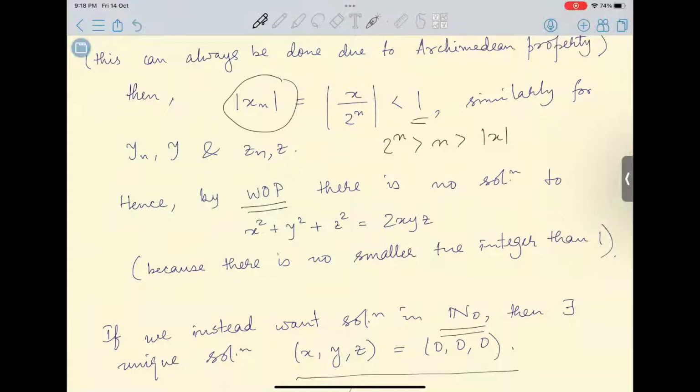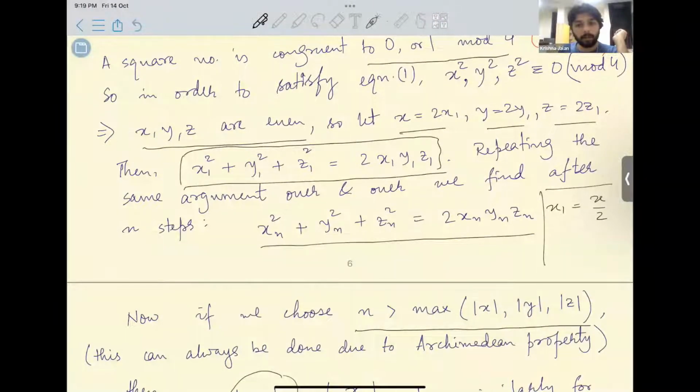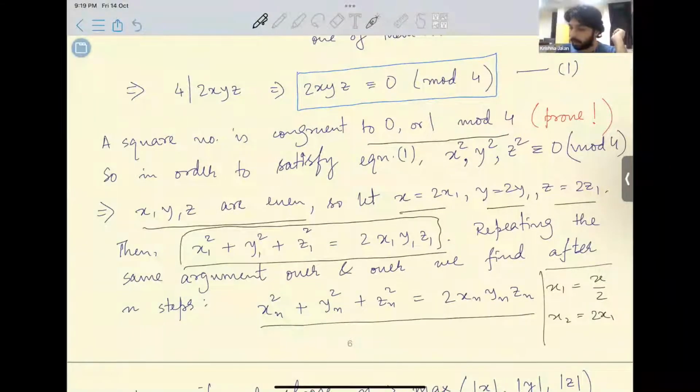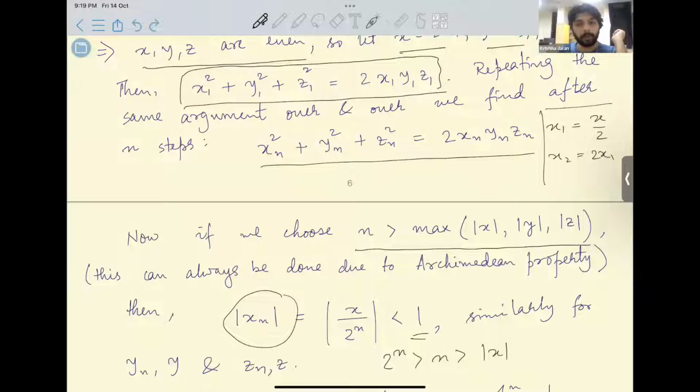Sir, how have you written x to the power n is equal to x by 2 to the power n smaller than 1? Okay, so let's see what is x1. So x1 is x by 2, right? Yes, sir. Similarly, x2 will be equal to 2x1. I'll just repeat the argument that I had done over here. Sorry, x1 is equal to 2x2, sorry.